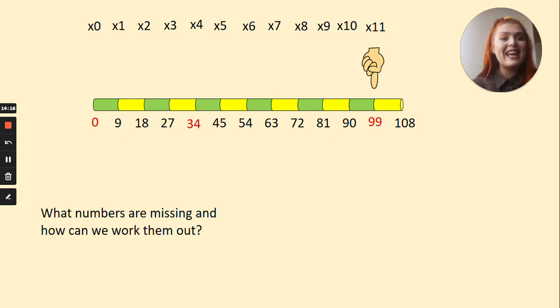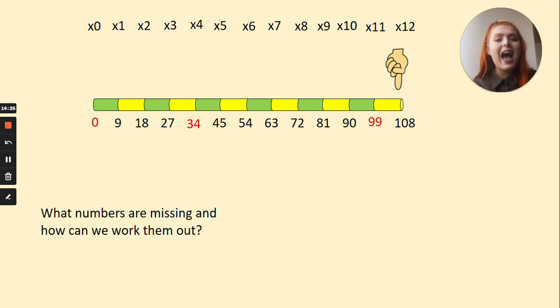And then we can finish our line, which is 12 times 9, 108. So how do we work those out? We can either add on 9 to find the next number, or take 9 away from the number that is next to jump back to that previous multiple.